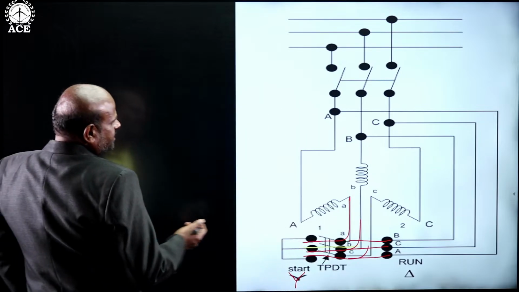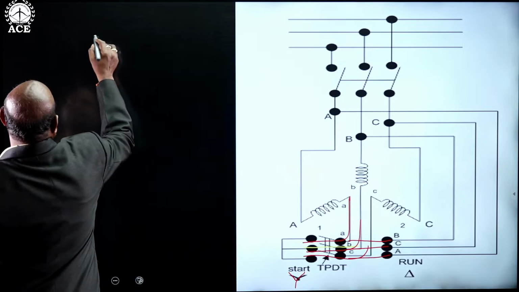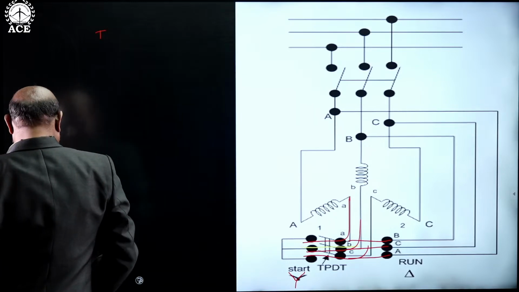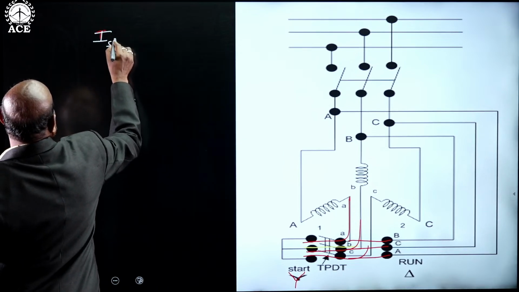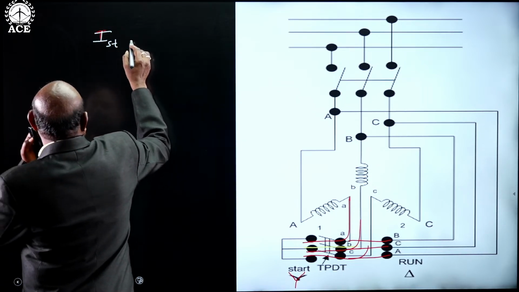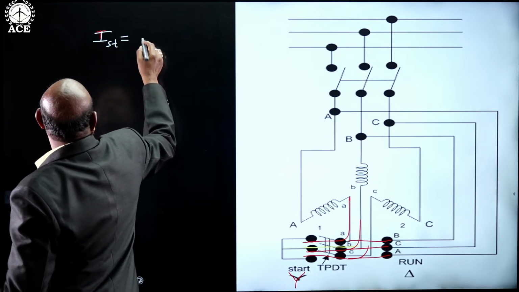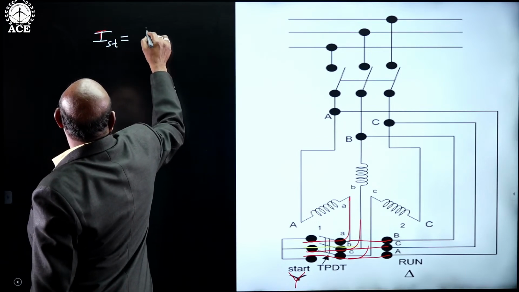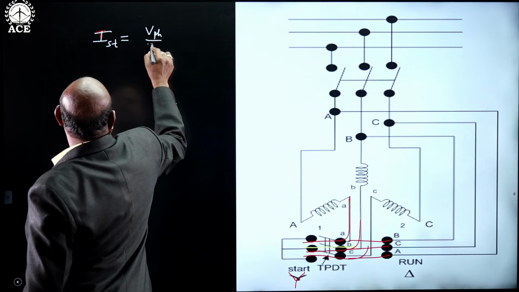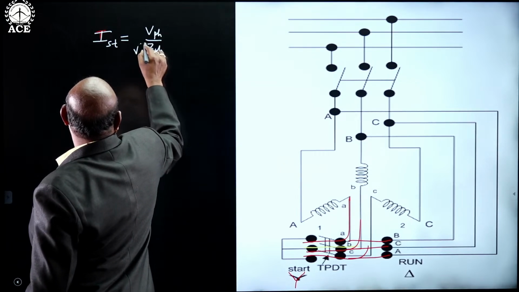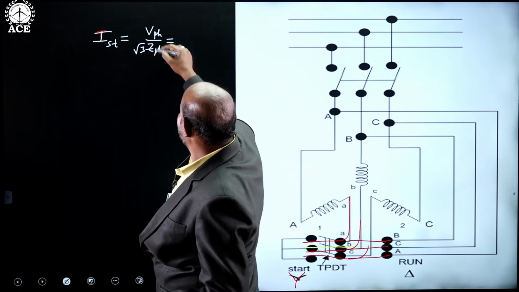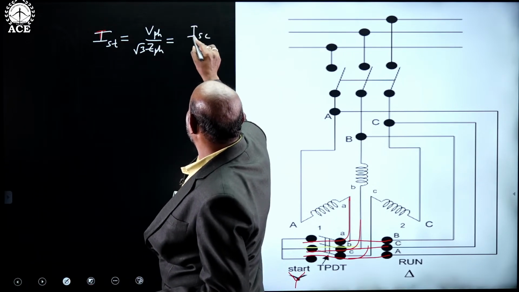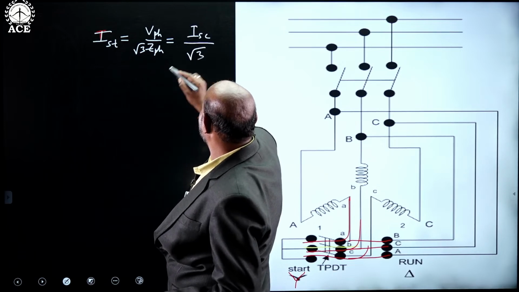So while changing star to delta, how is the current transformed? The starting current during starting will be V phase by Z phase, root 3 times. So V phase by Z phase is short circuit current by root 3.